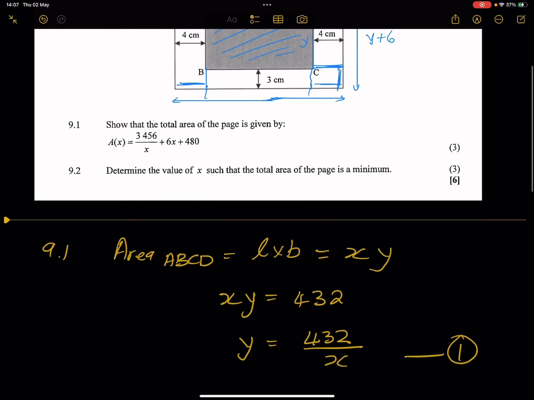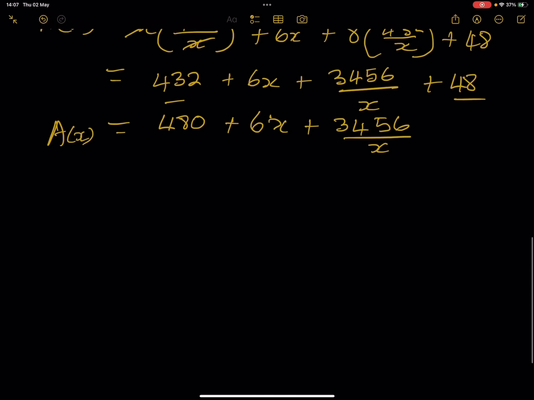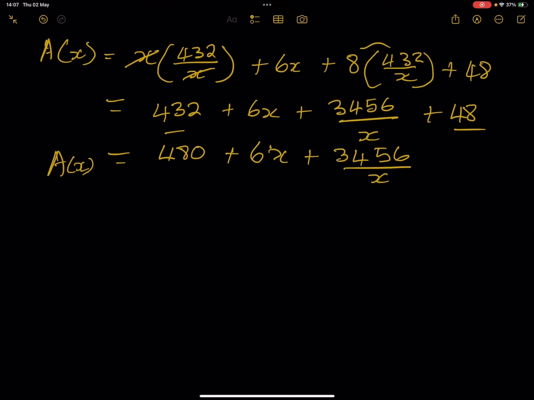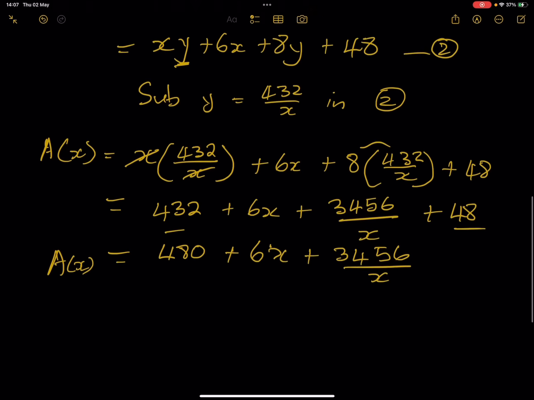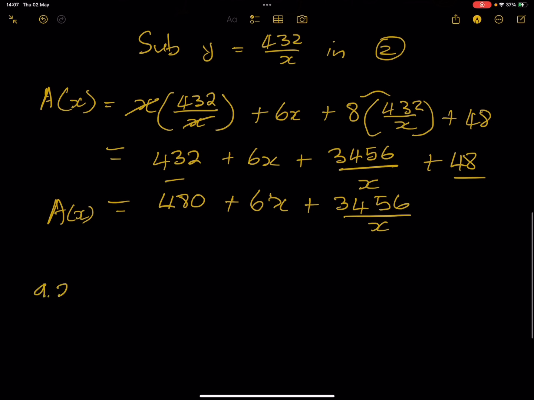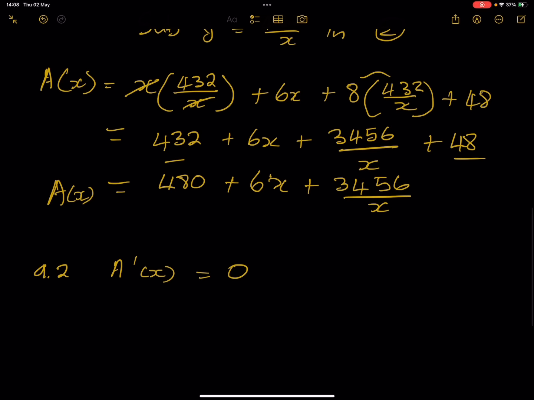Right, so they say to us, determine, sorry again, right, determine the value of x such that the total area of the page is minimum. Now, we've got a formula for area, right? In this case, we know that we want to minimize. So what are we going to do? Take the derivative and make it equal to 0. Right, what is our derivative? The 480 falls away, right?